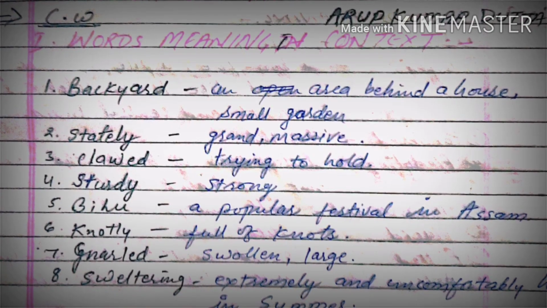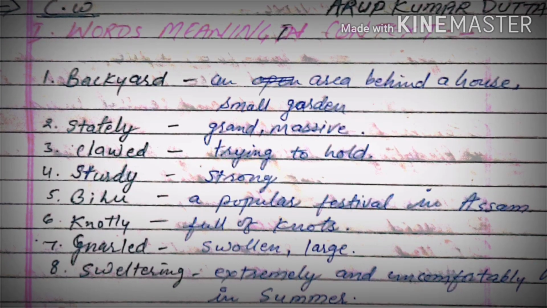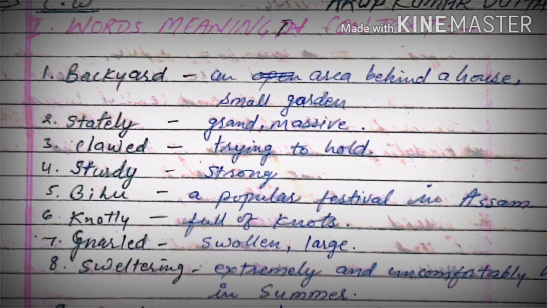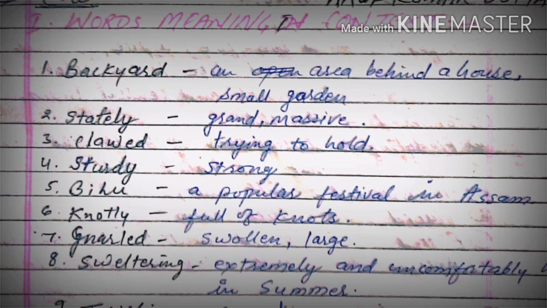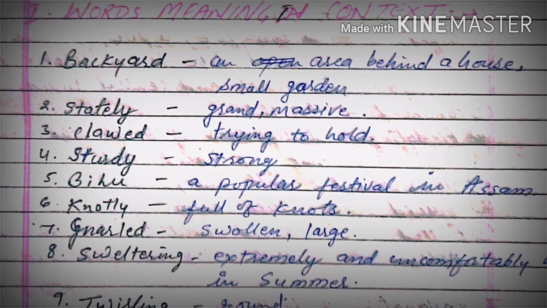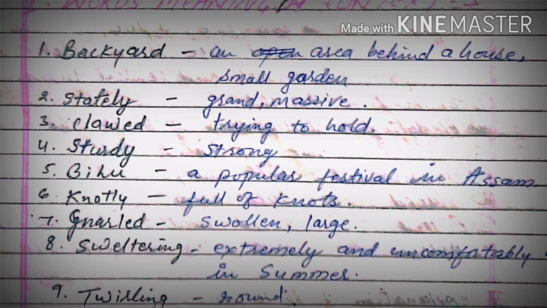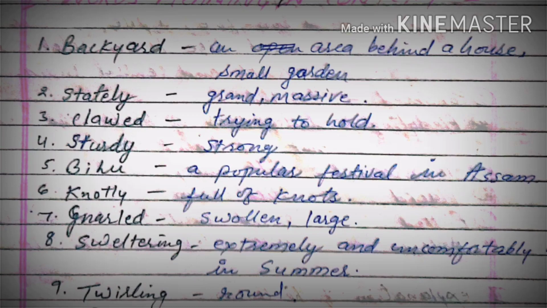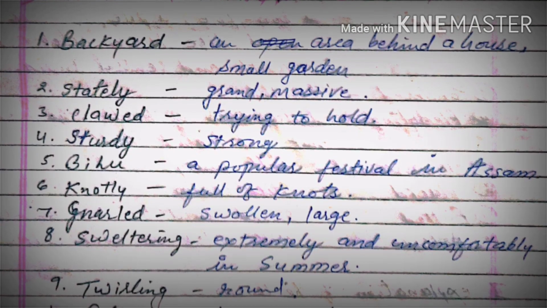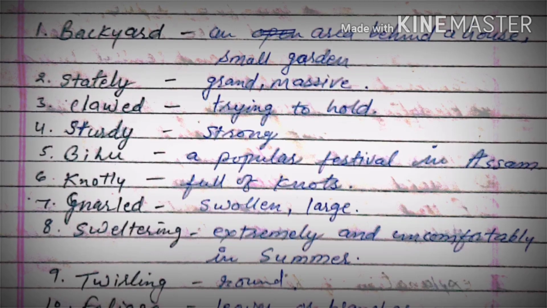Number 6, knotty, full of knots. Number 7, gnarled, meaning swollen or large. Number 8 is sweltering, meaning extremely and uncomfortably hot in summer. Number 9, twirling, which means round. And number 10 is foliage, which means leaves or branches.